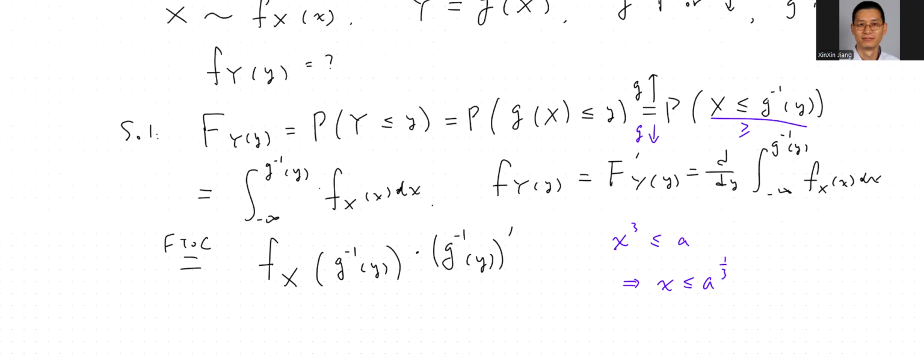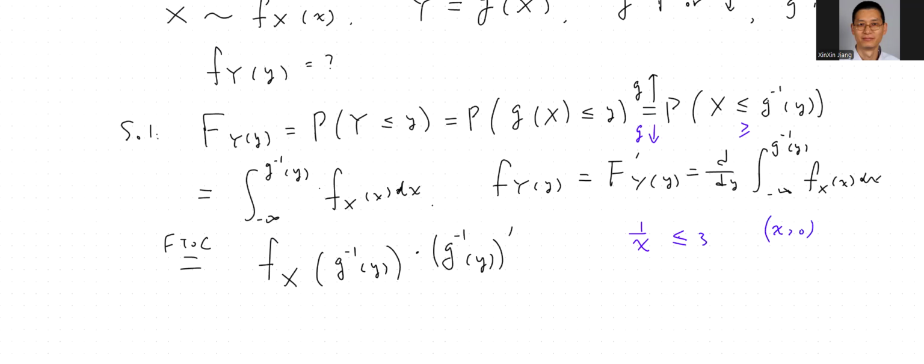But now if you have a g which is decreasing, so it's like 1 over x. 1 over x is decreasing, right? So if you have 1 over x less than or equal to 3, let's assume x is positive.